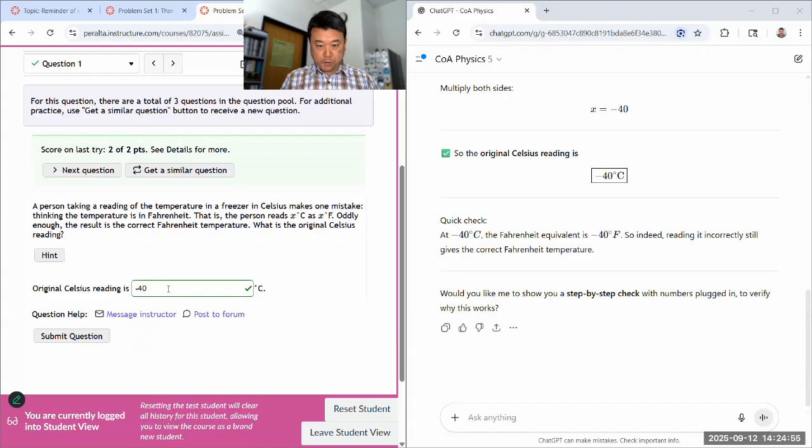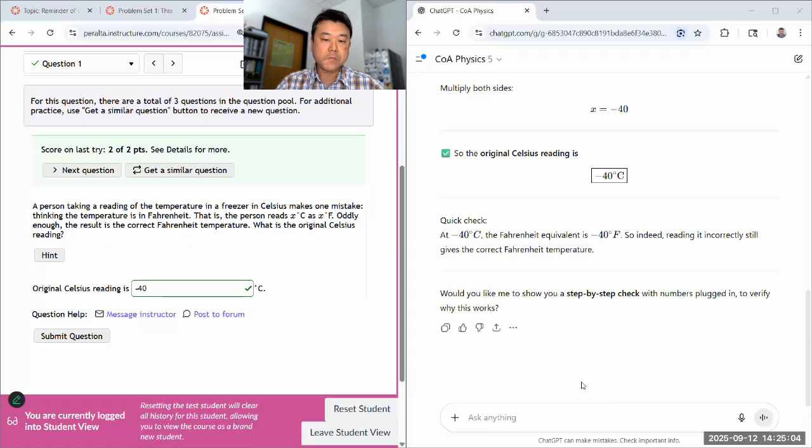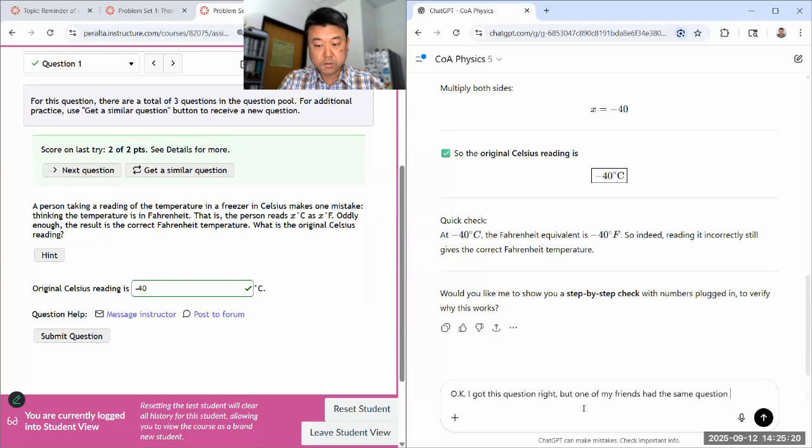But let me pose this as a scenario. Let's say you are working with a classmate. There are two versions of this question. I'll say, okay, I got this question right, but one of my friends had the same question, and minus 40 wasn't the right answer for him.